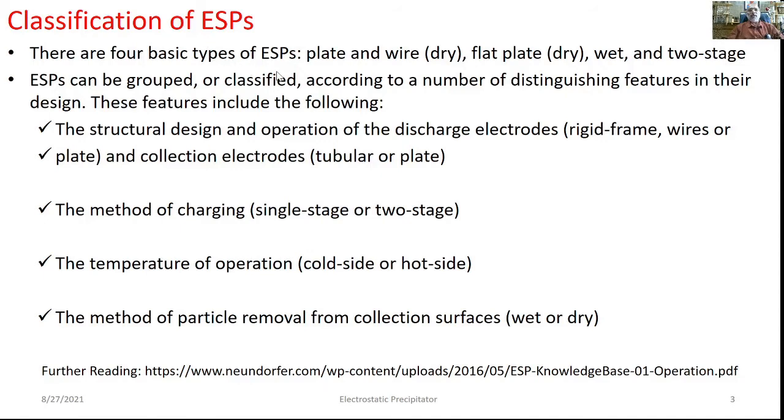This ESP classification is based on certain distinguishing features as per their design. These features are the structural design and operation of the discharge electrodes and also the collection electrodes. So the discharge electrodes could be a rigid frame, it could be a wire or also a plate, and the collection electrode could be tubular or it could also be a plate.